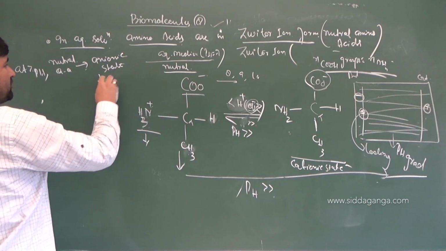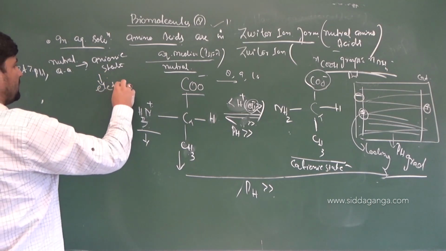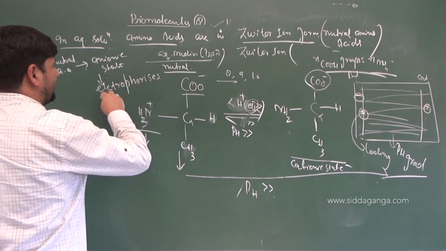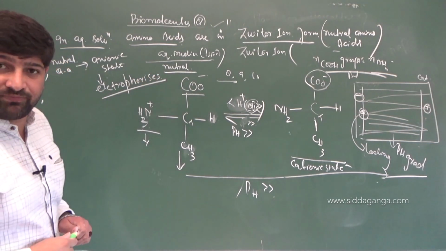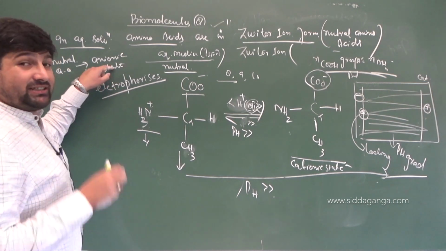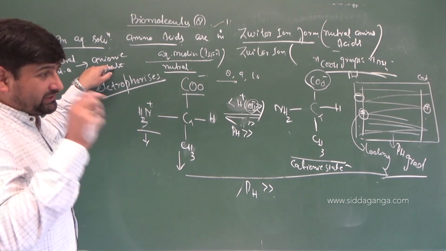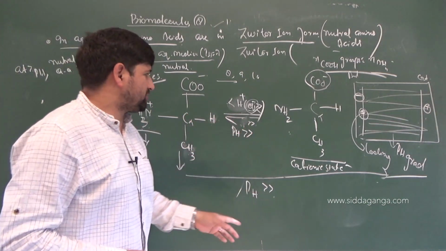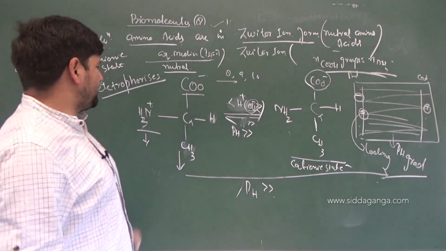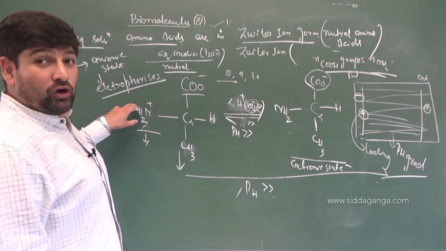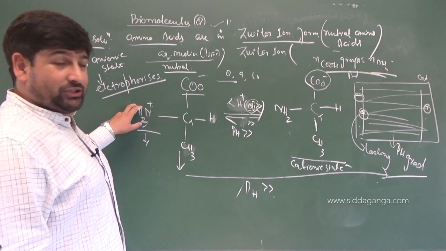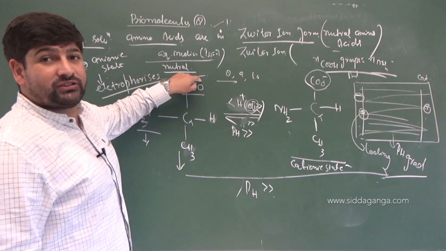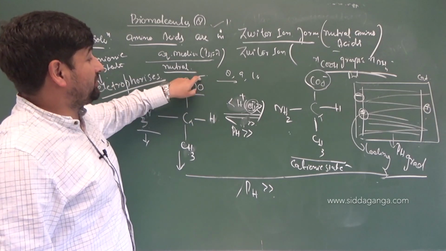And that can be understood by electrophoresis. Electrophoresis can easily tell us whether the amino acid that is moving is negatively charged or positively charged. The reason can also be understood: when OH ion concentration is increased, it is the conjugate acid of the NH2 group that will show the reaction, and the net charge remaining on the molecule will be COO minus, that is, negative.